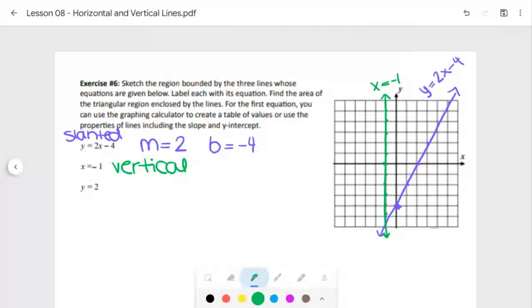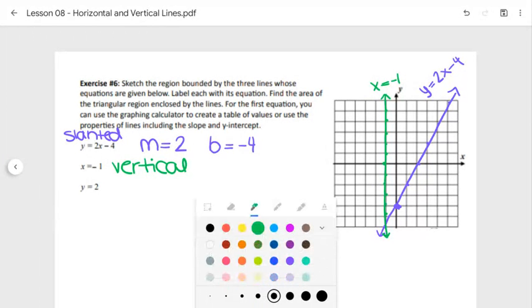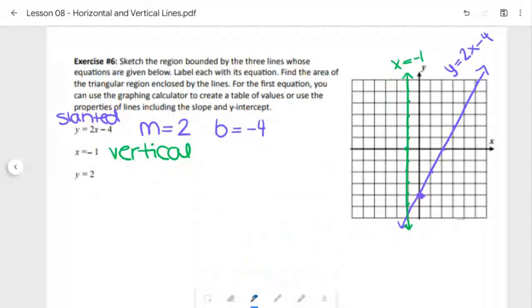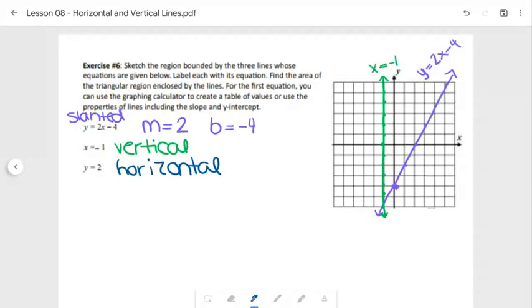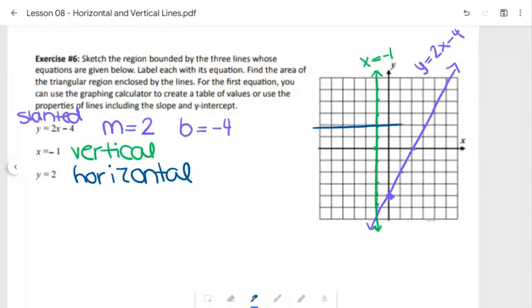And finally, we have a horizontal line because it's y equals. So we go to where y is equal to 2. So y is always equal to 2 along this spot here. I'm going to label that.